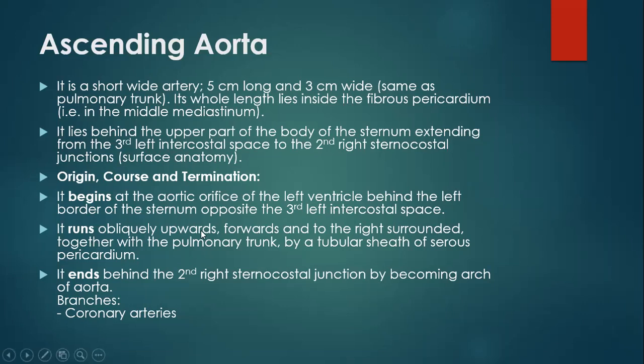It runs obliquely upwards, forwards, and to the right, surrounded together with the pulmonary trunk by a common tubular sheath of serous pericardium. It ends behind the second right sternocostal junction by becoming the arch of the aorta.